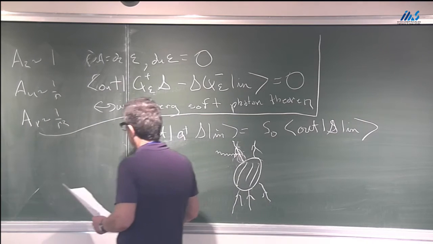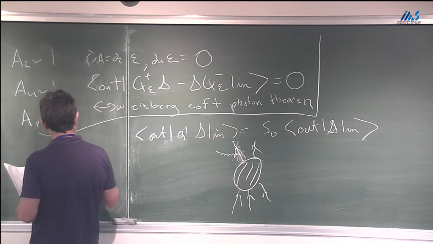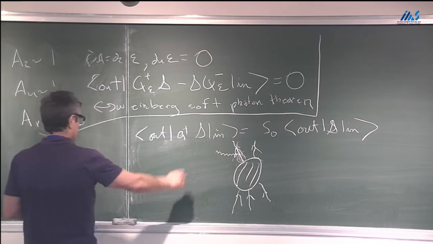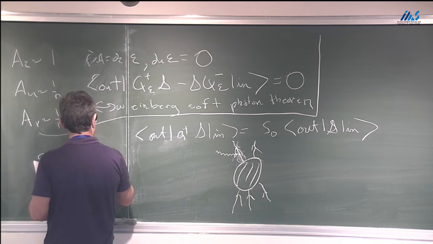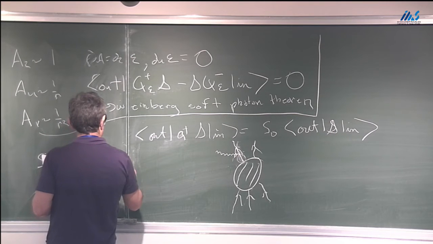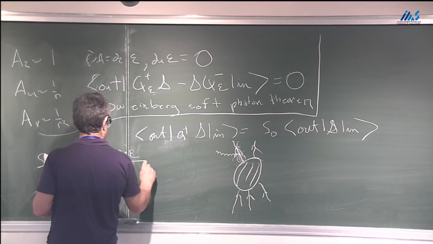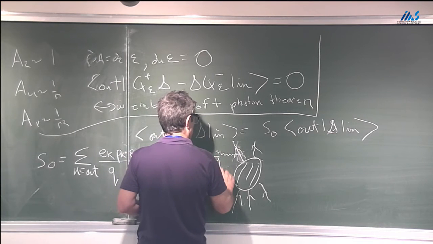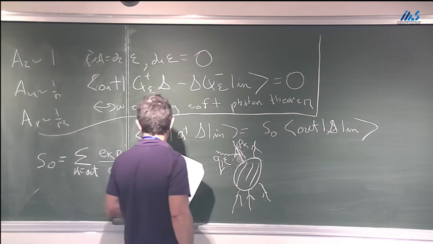And so let me write down what this soft factor is. The soft factor is the sum over all outgoing particles, the charge e_k of the particle, the momentum p_k dotted into the polarization of the photon, divided by the momentum, so this is the momentum of the soft photon q, polarization epsilon, and this has momentum p_k.